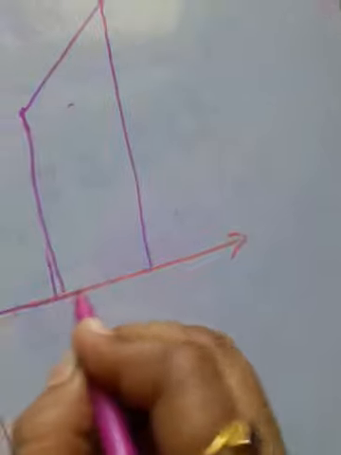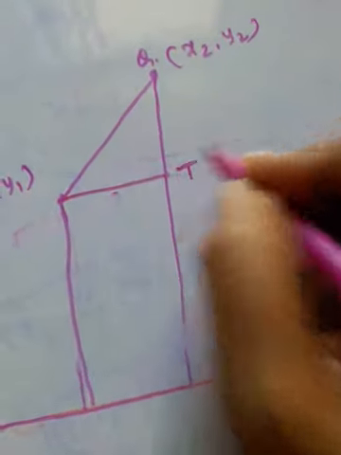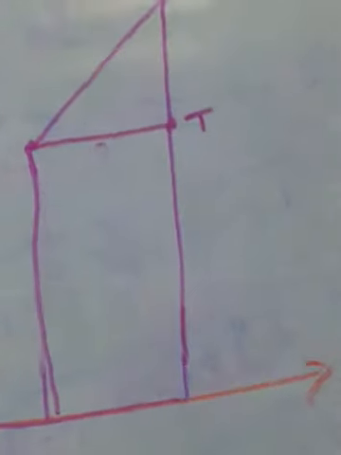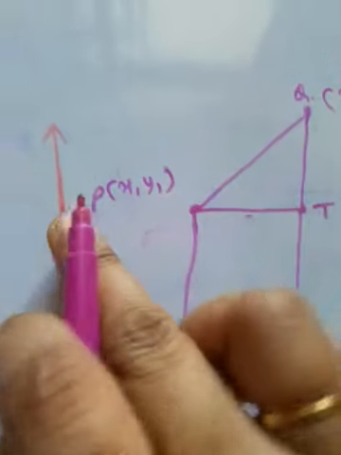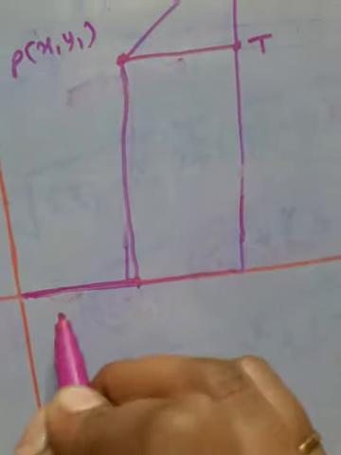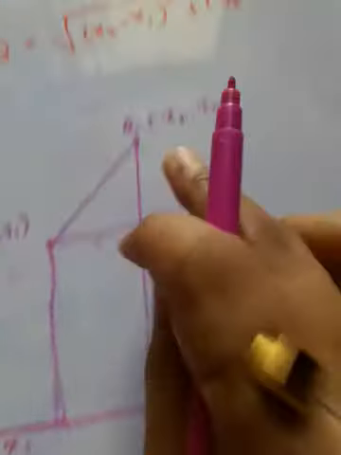Okay, now again join this point and indicate the intersecting point of these lines by T. Now see here, the distance of point P from the y-axis is x1 and the distance of point Q is x2.